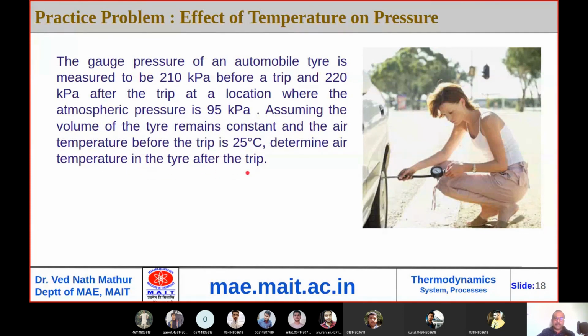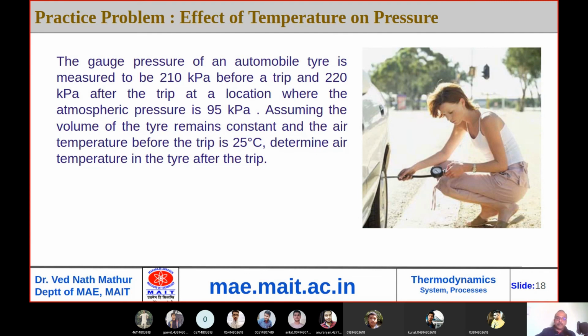The question is not very difficult, because for a constant volume process, P1 by T1 is equal to P2 by T2. You have been given P1 and P2, and T1 is known, the temperature before the trip. So you have to calculate T2. That way it's a simple question.